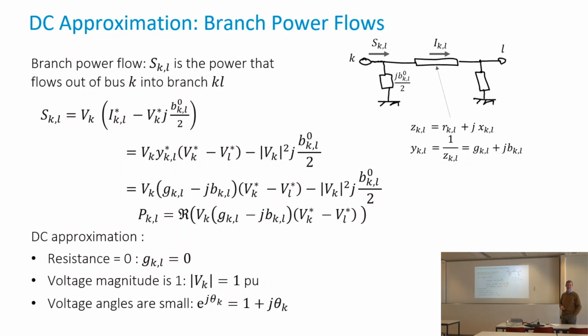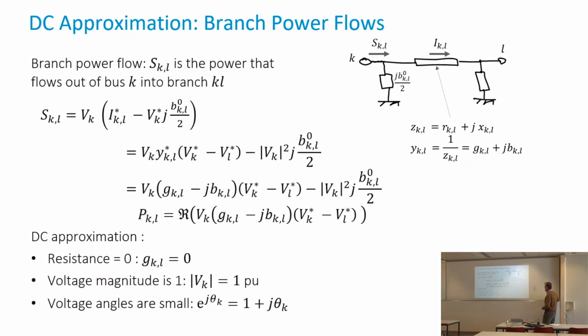Just wondering if the resistance was the real part of the impedance or the admittance? The resistance is the real part of the impedance. So when we do 1 over Z, what do we obtain? The conjugate? We obtain, well, let's do it.